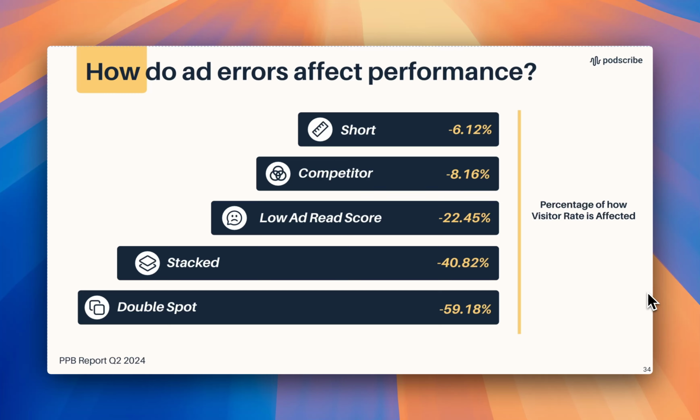Obviously, we're not going to tell brands what to do, but it's really interesting that the stacked and the double spot, and even making sure the ad read has that personal endorsement, telling a story about how this product solved their problem, is way more impactful when it comes to making sure performance is set up for success than even having it next to a competitor. So the flags matter.